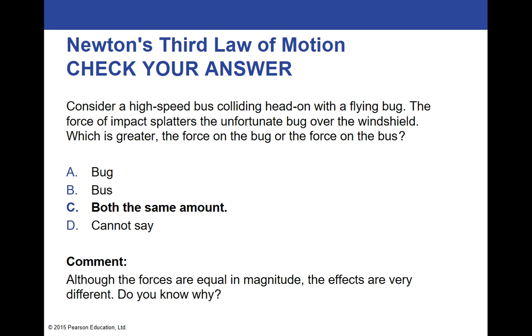According to Newton's third law, we must conclude that the force on both objects is the same. It's an interaction. The force on the bug due to the car is the same as the force on the car due to the bug. However, the effects of that force are definitely different based on the comparative masses of the bug and the car.